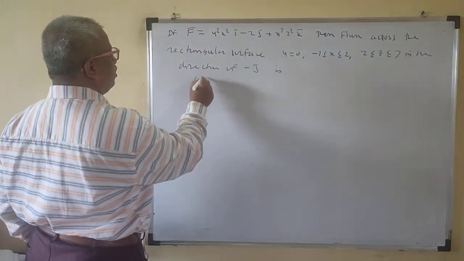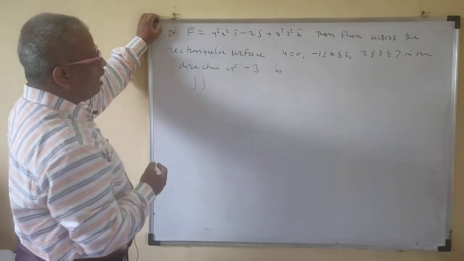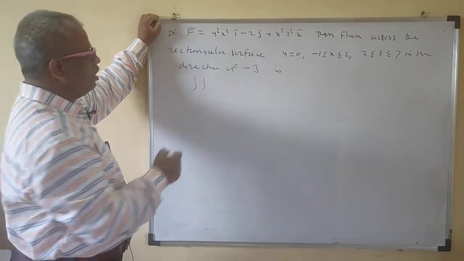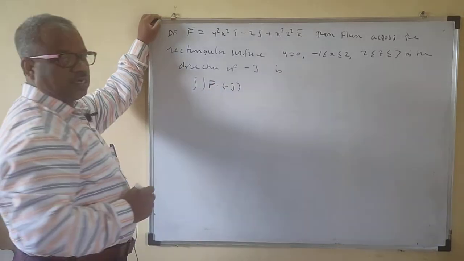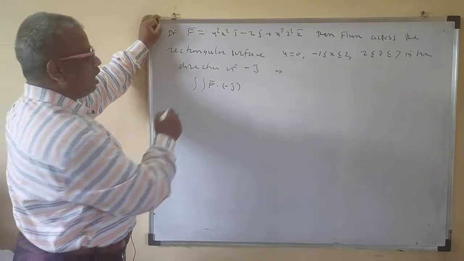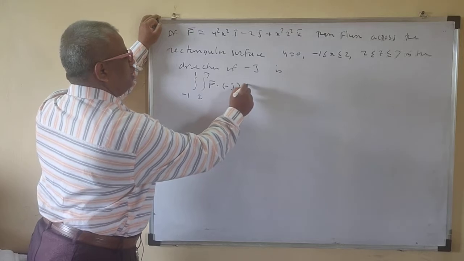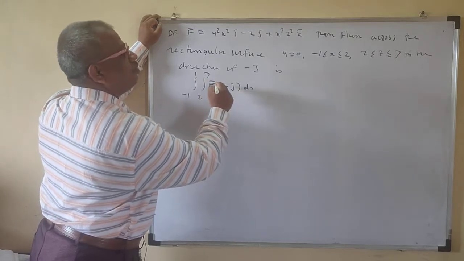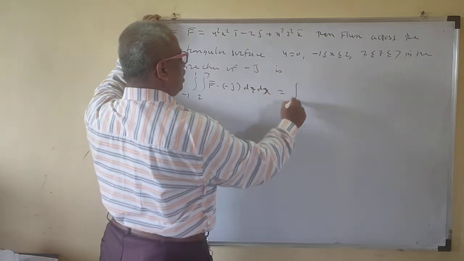Actually plus. Okay, so there y is equal to 0 you have to put. So f bar dot minus j bar, and the range of this in terms of x and z is minus 1 to 2 and 2 to 7. This is the range of z, dz dx.